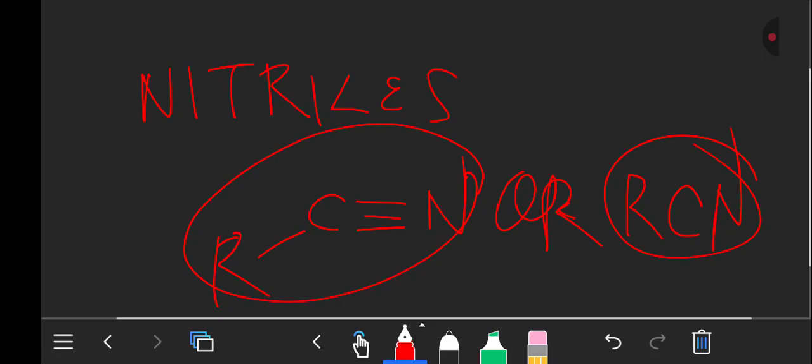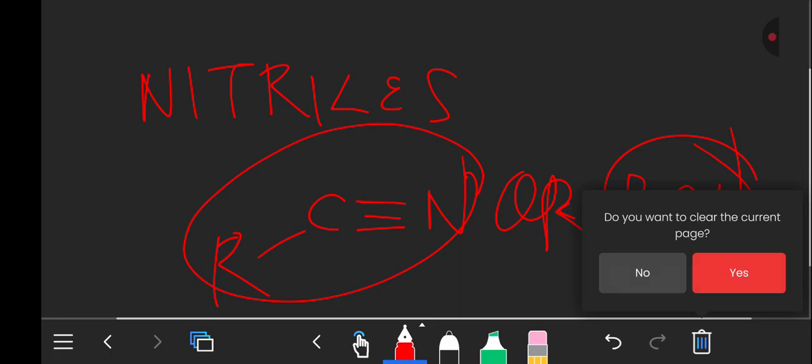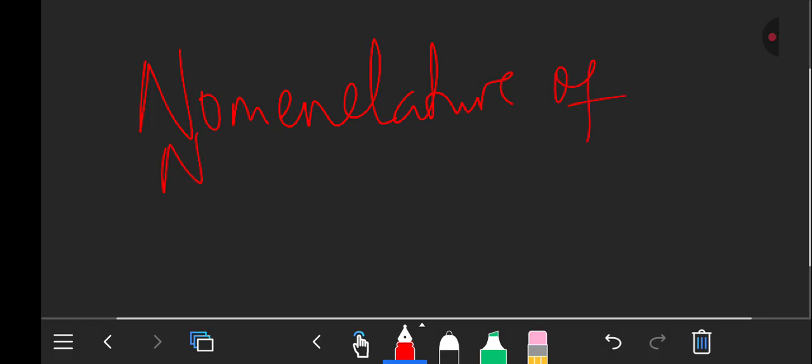So let's understand something under nitriles. One thing you need to understand is the nomenclature. How do you write nitriles? So, the nomenclature of nitriles.